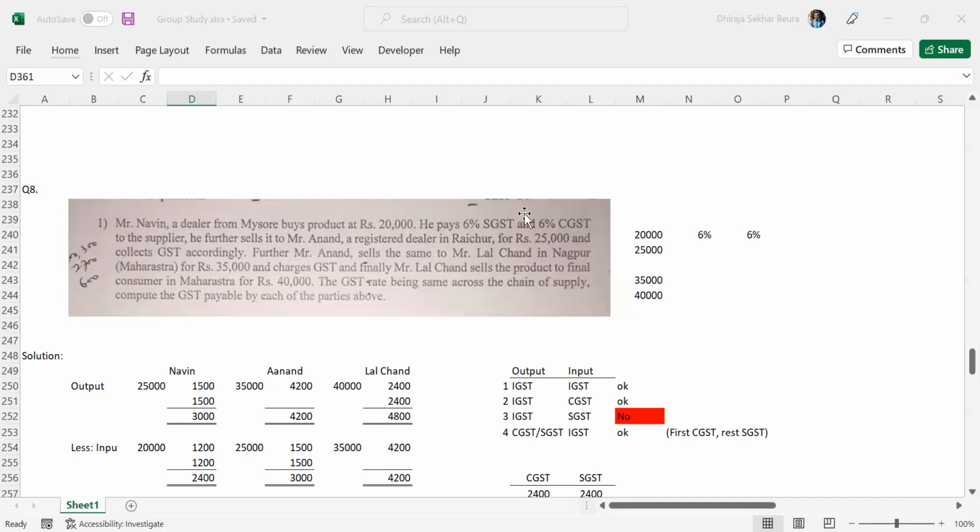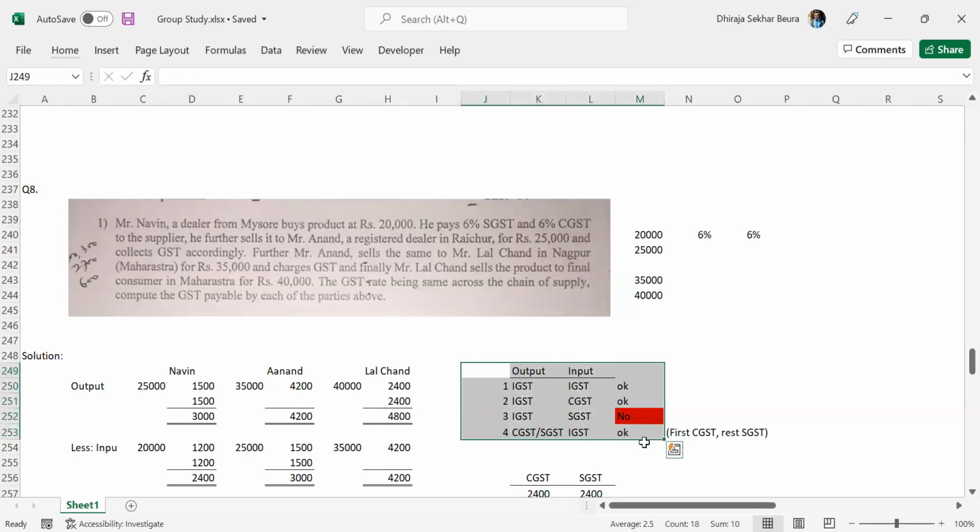Just to revise a little bit before we go to the question, one small concept, if you remember this particular table: when we had output GST liability of IGST and input of IGST, that is okay, we can adjust it. When output is IGST, input is CGST, that is also fine, we can adjust.